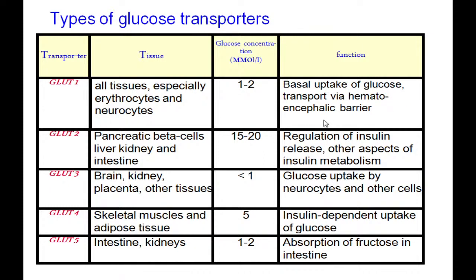The function is activation of uptake of glucose from outside to inside of the cell. In pancreatic beta cells, this is regulation of insulin also and other aspects of insulin metabolism. So it's the first part of the mechanism, activation of glucose transporter that promotes transport of glucose from outside to inside and elimination of increased level of glucose.